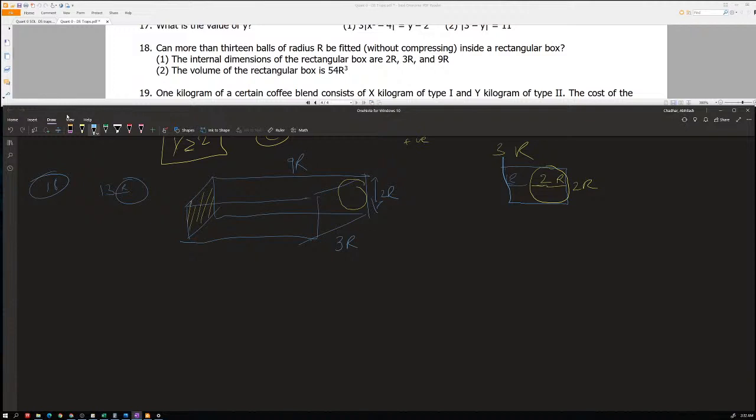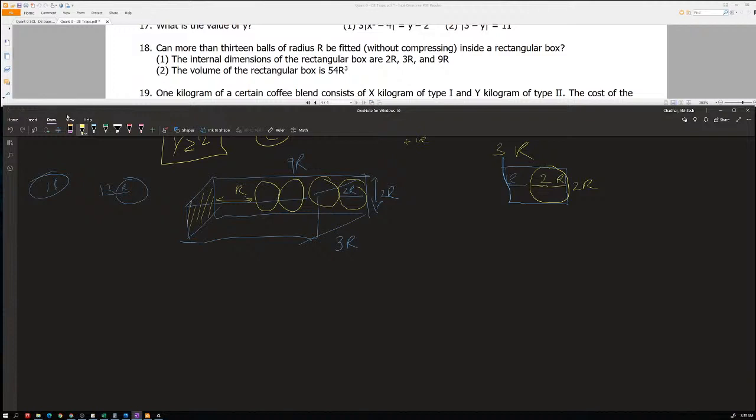So how many such balls can we have? This is 2R and this is 9R, so at least we can have 4 balls here. If we are just stacking them next to each other, we can have 4 balls, and then only R is left, so half a ball. We don't want to compress them, so basically we can fit 4 balls.